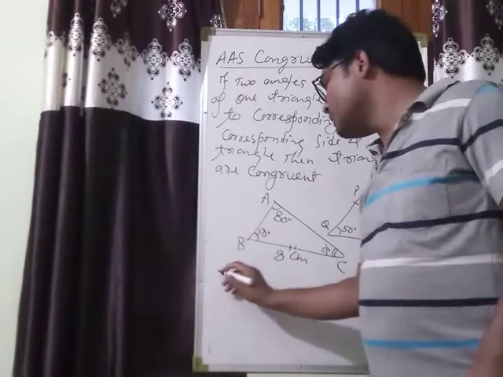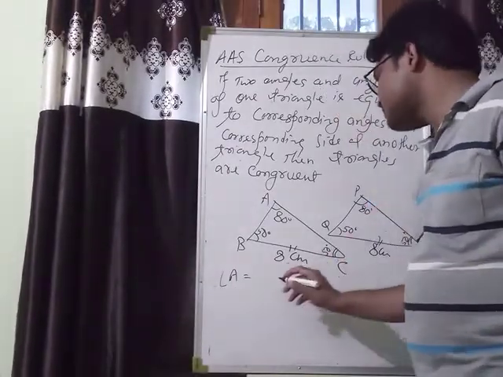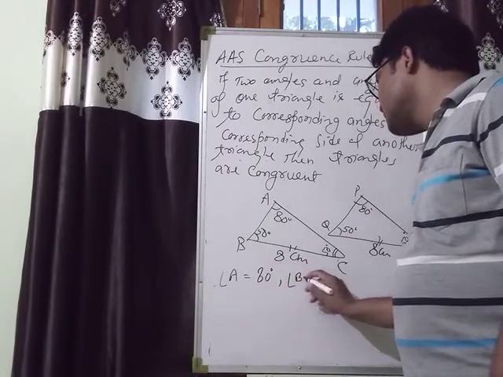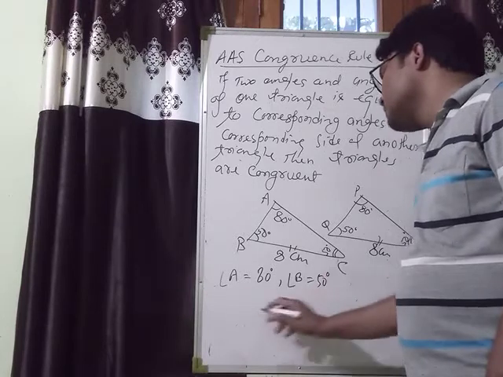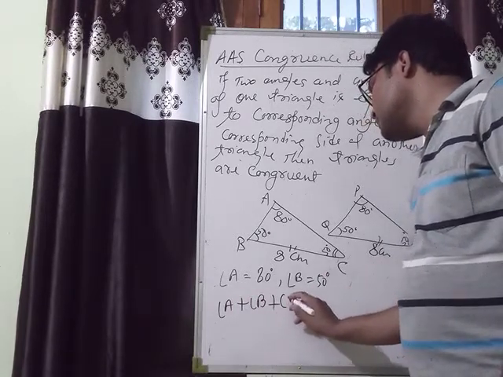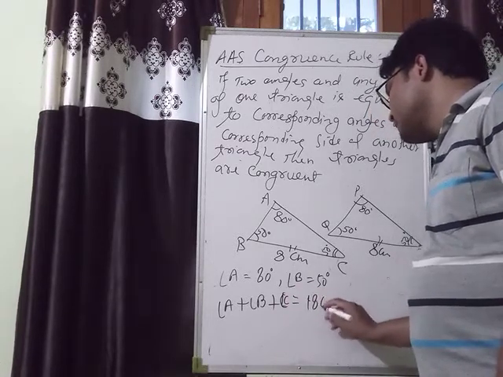See here, angle A equal to 80 degree, angle B equal to 50 degree. So angle A plus angle B plus angle C is equal to 180 degree.